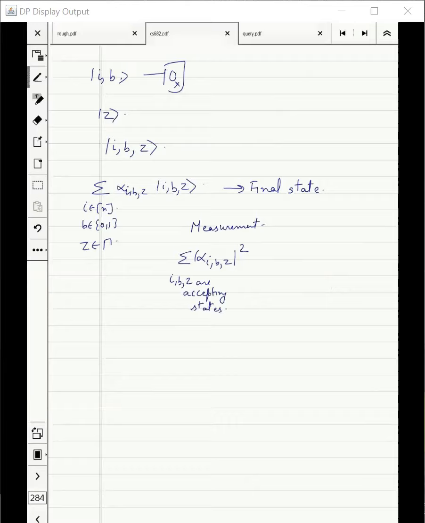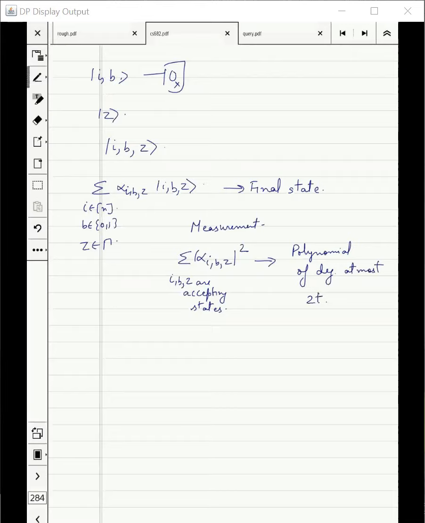Right. And since alpha IBZ was a polynomial of degree t, this summation, remember there is a summation also, finally will be a polynomial of degree at most 2t, yeah, not t square, 2t, right?